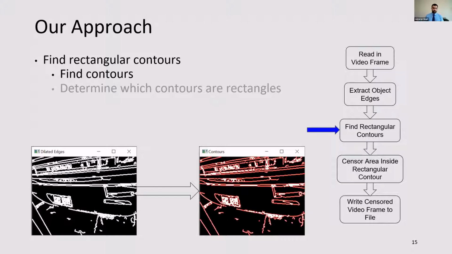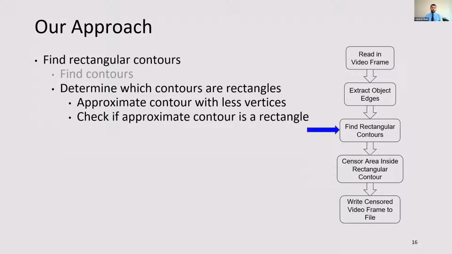On the bottom right, they're displayed in red. And the next thing after we find those red contours would be to determine which of these contours are rectangles, because license plates are rectangles. So we can easily knock out any contours that were found that weren't rectangular and just not have to worry about processing them any further.